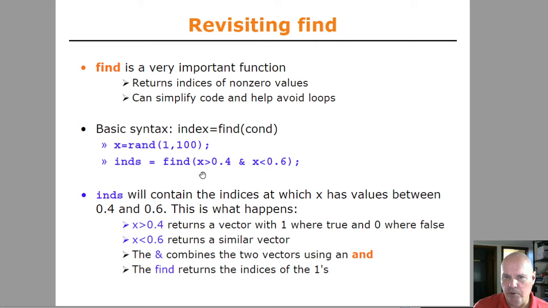But a much faster approach is just to use the find function. This would return all the indices for the numbers that are within that range, and then the length of the indices vector would tell us the number of values in that vector that are within that range.